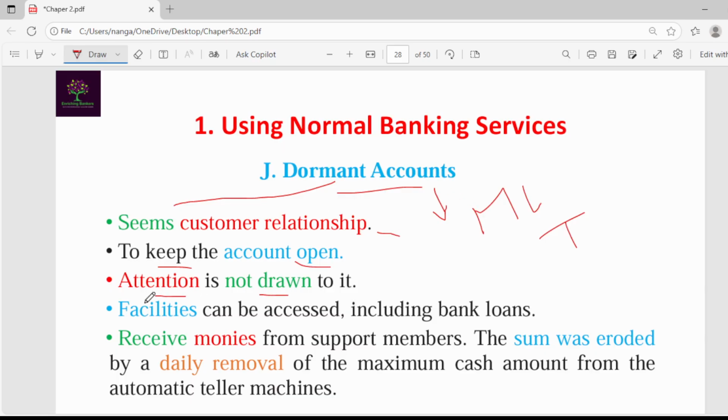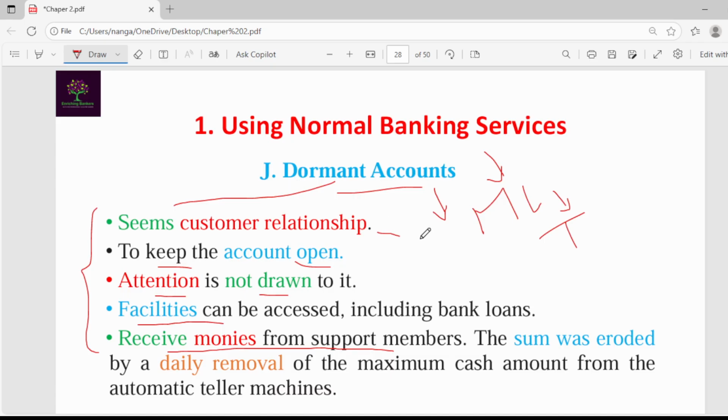These accounts are provided with the facilities of internet banking, mobile banking, ATM and so on. So digital facilities will also be provided to these accounts. Also these accounts receive monies from support members or from anybody. So these are all the advantages given by dormant accounts to money launderers and terrorists, because nobody draws attention to these accounts.